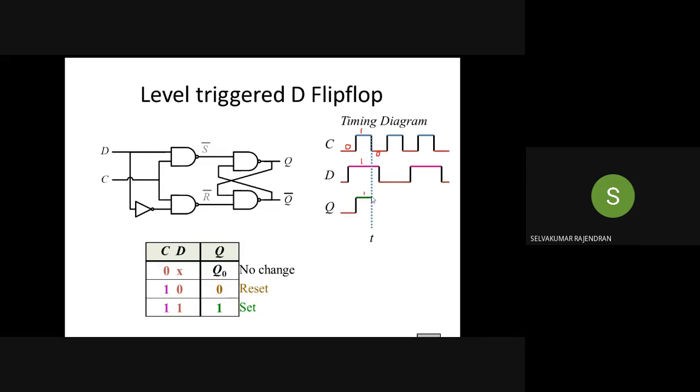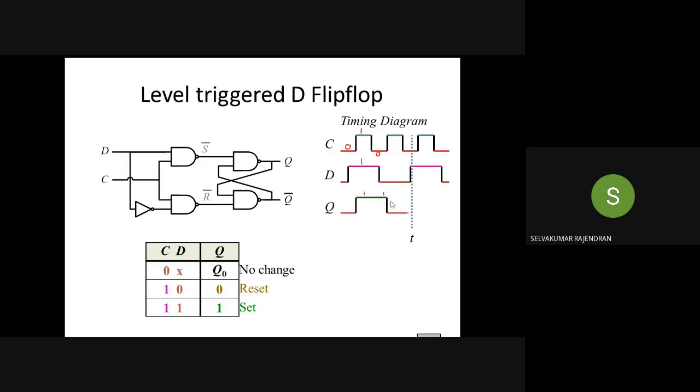This logic 1 will be maintained, even though D is changed to 0 from logic 1, because the clock is disabled. Output Q maintains the previous state value. The logic 1 is maintained here also.